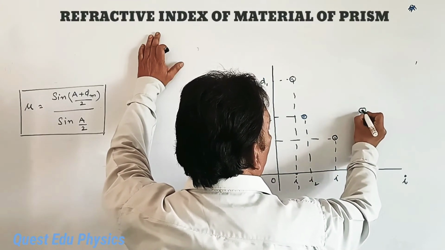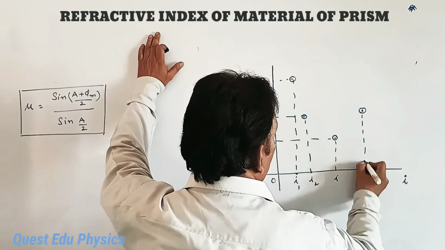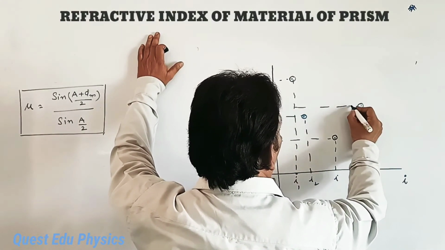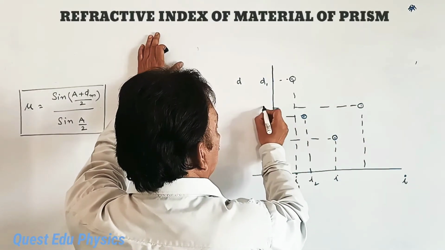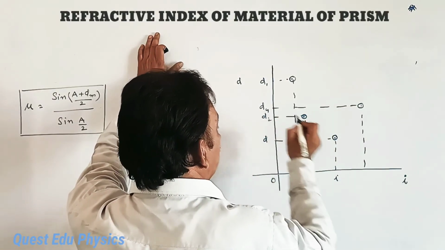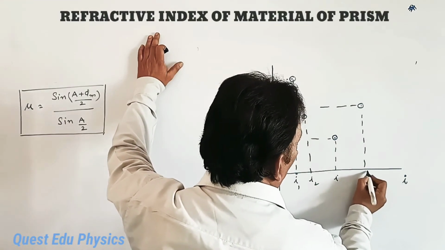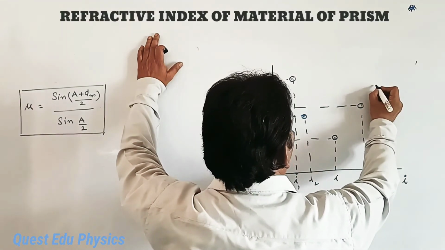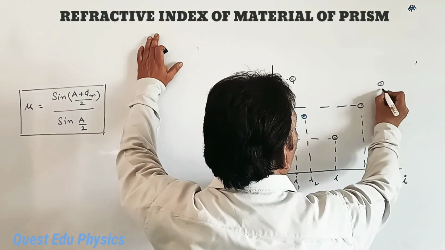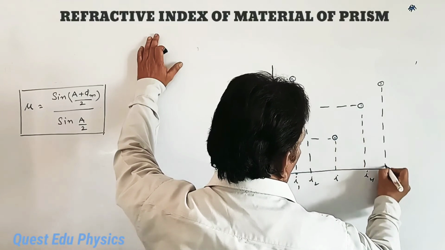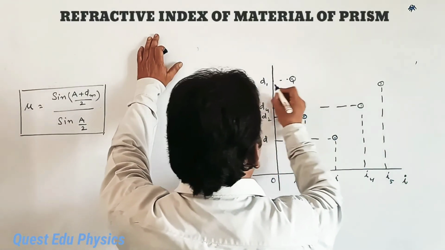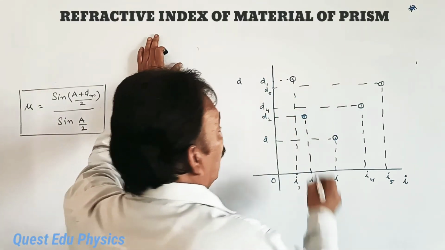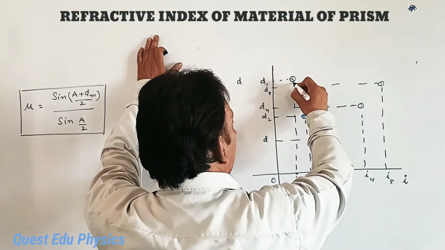Here we got one more value of D. I am saying it as D4 and it is I4. And see, we have one more, I5. I is increasing with respect to D, students. It is D5. If you join all these points, you will get a smooth curve, students.